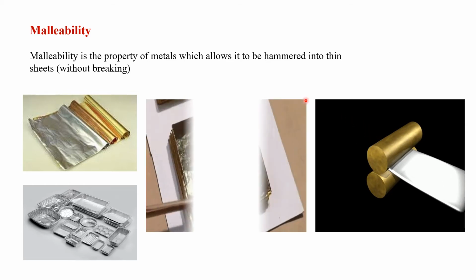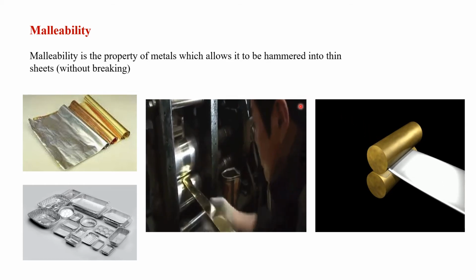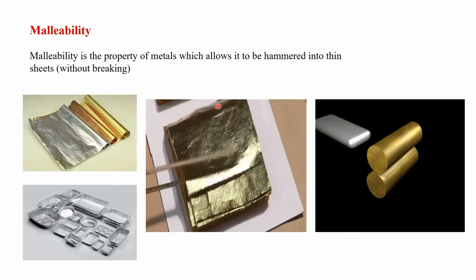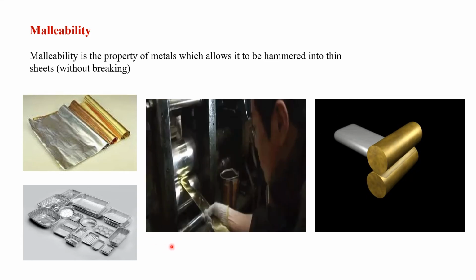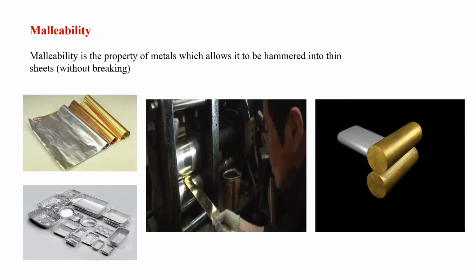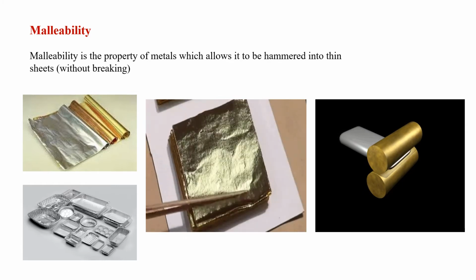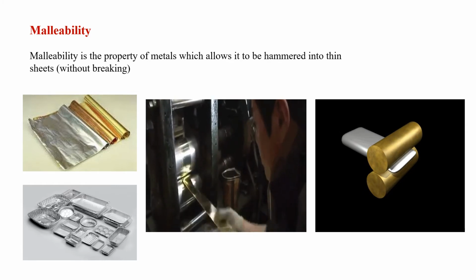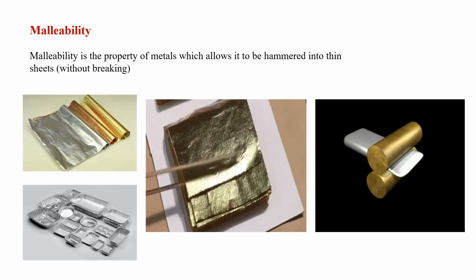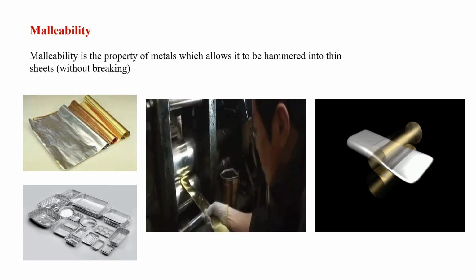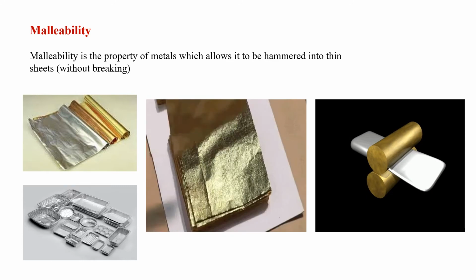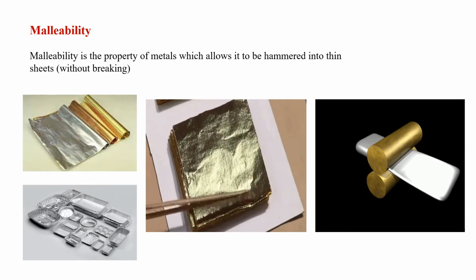From this next animated picture you can see that the gold foil is prepared by pressing. That means this is a very important property of metals.